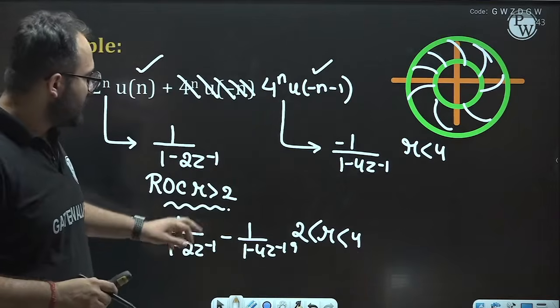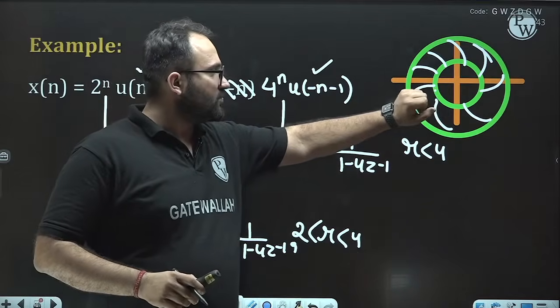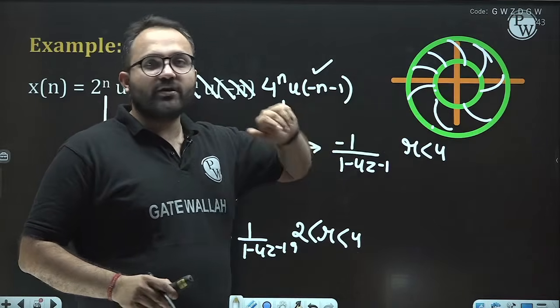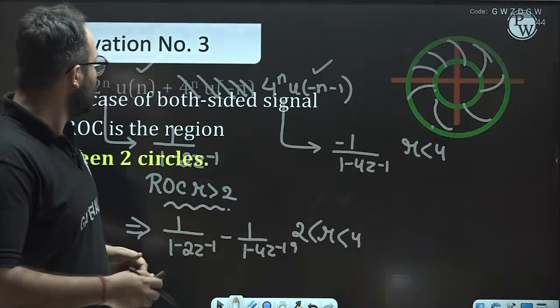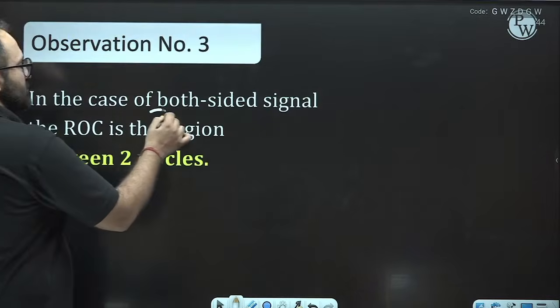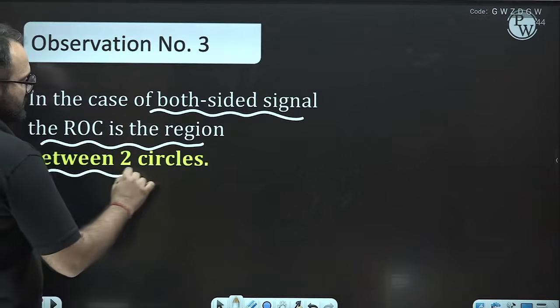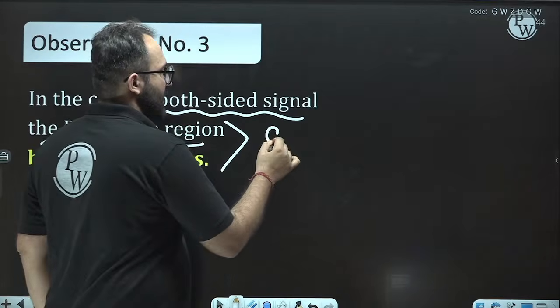The inner circle corresponds to the pole at z equal to 2, and the outside corresponds to the pole at z equal to 4. So in the case of a both-sided signal, the ROC is between the two circles; we can say that it is an annular region.